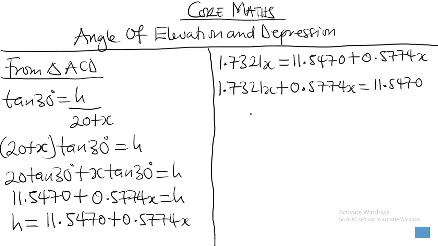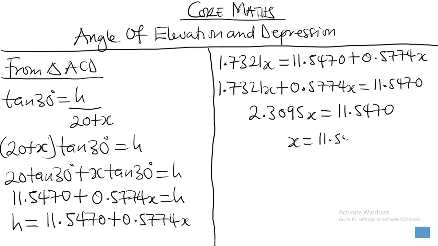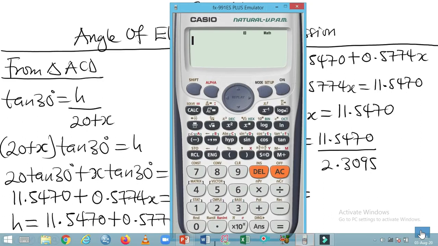Adding, we are going to have 2.3095x, you can use your calculator to verify, equal to 11.5470. Making x the subject, x will be equal to 11.5470 all over 2.3095. Let's see what we'll have with the help of the calculator.